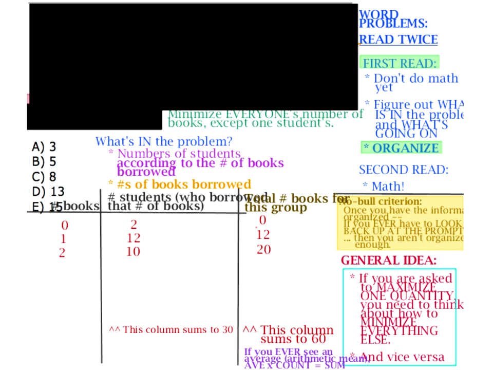So we need to minimize 5 of the remaining 6 students' numbers of books. Also notice that you have 6 students left, and this is 32 books, so you've got 28 books left as well.